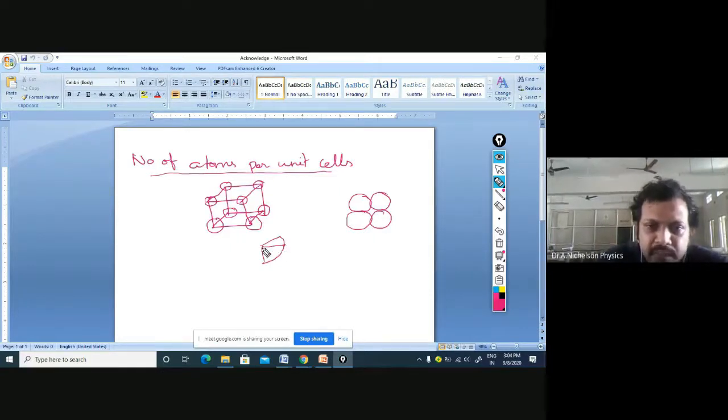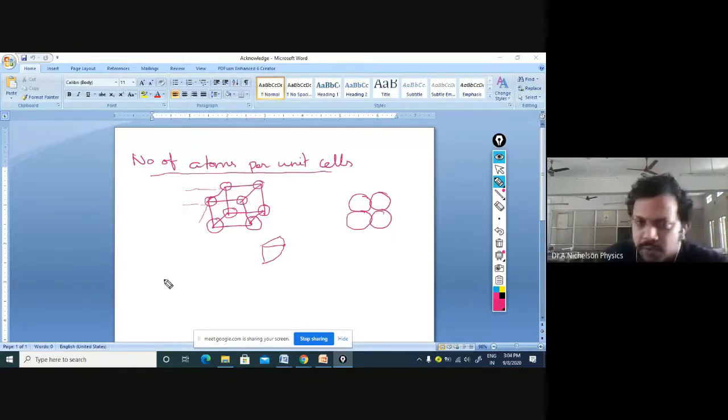Other 7 pieces are in another 7 unit cells nearby. Here, on this side you have another unit cell, in the front side you have 1 unit cell, here 1 unit cell, and on the top you have 4 unit cells. So this one atom is shared by 8 unit cells. So what is the contribution of this particular atom in this unit cell? It is just 1 by 8. So only 1 by 8 of this atom is present in this unit cell.